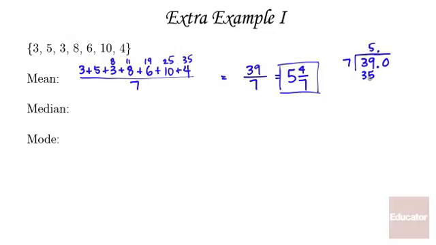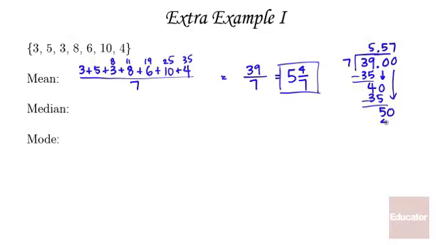That's 35. Subtract it, I get 4. Bring down the 0. 7 goes into 40 again, 5 times. That's 35. Subtract it. You get 5. I could bring down another 0.